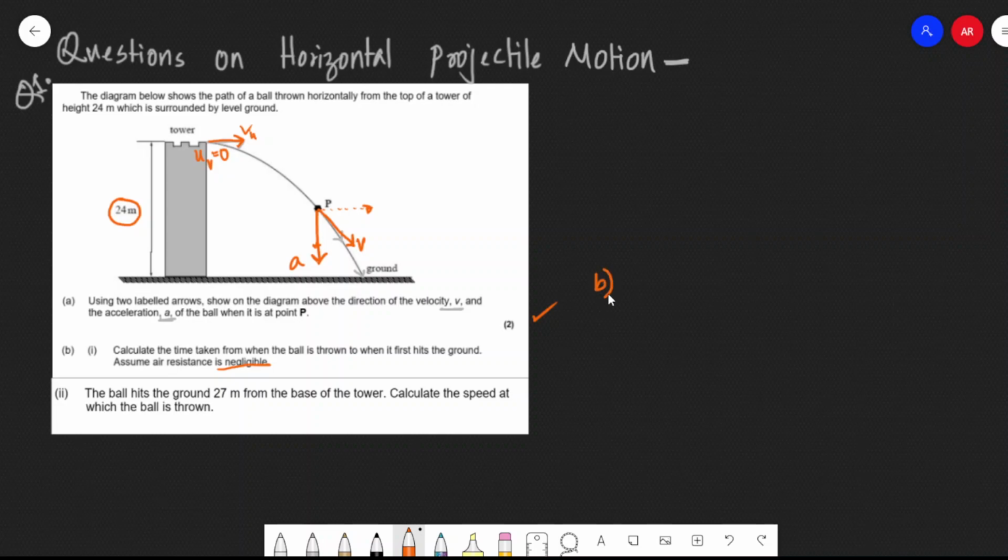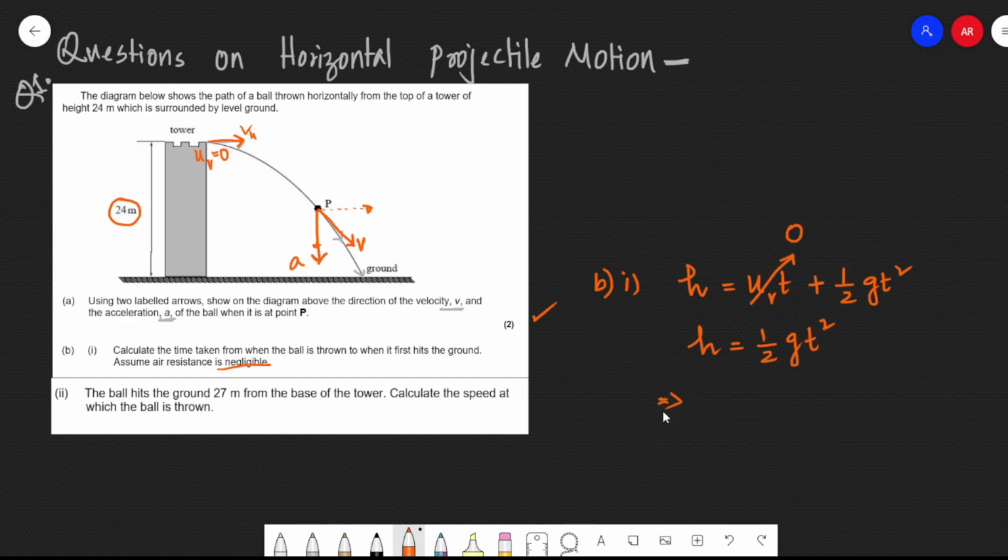For B1, we are going to make use of this equation: h equals initial vertical velocity times t plus half g t squared. Since it does not have any initial vertical velocity, this term goes to 0. So h equals half g t squared. g is the acceleration due to gravity, which acts vertically downward, which is why the object gains vertical velocity as time goes on.